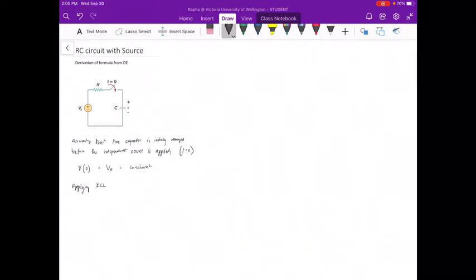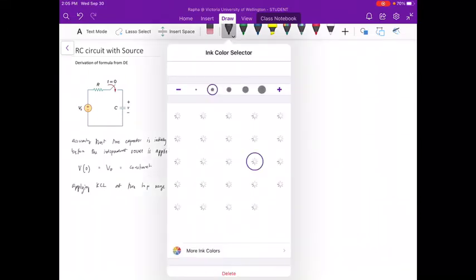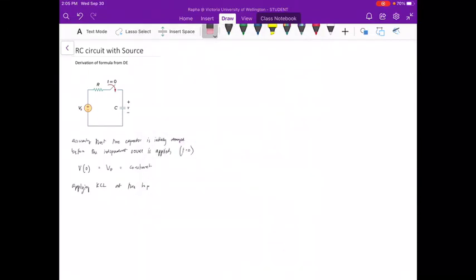at the top node yields: we have the capacitor current I sub C plus the resistor current I sub R is equal to 0.